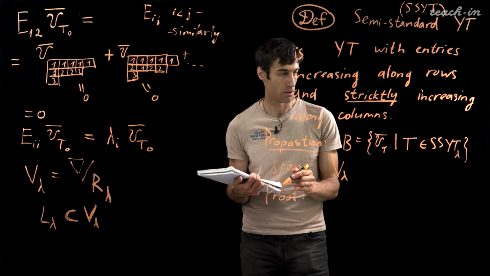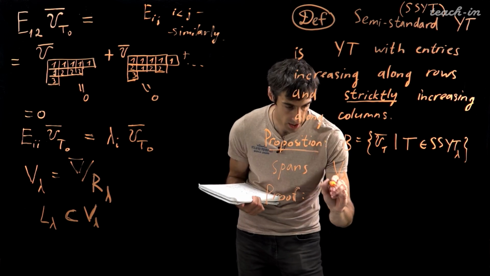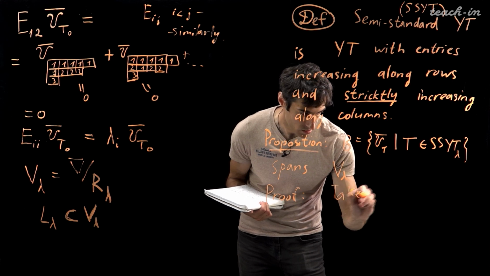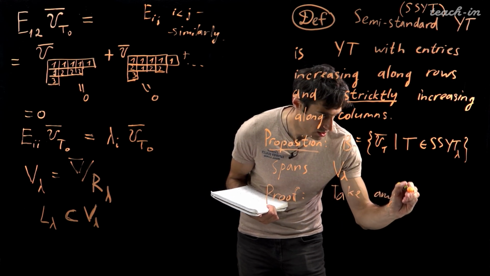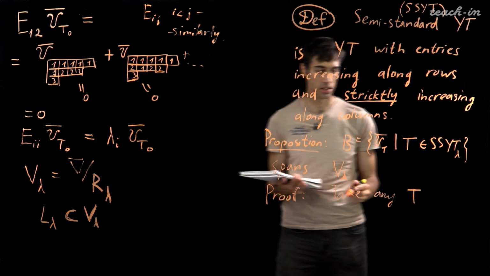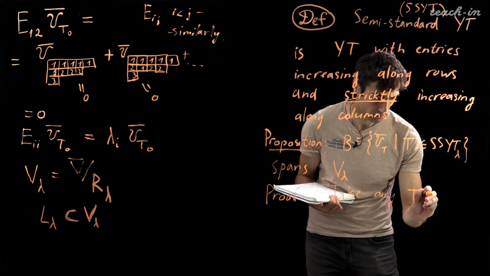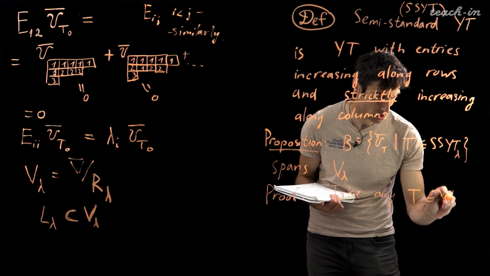So take any T. This is a Young tableau of shape lambda.